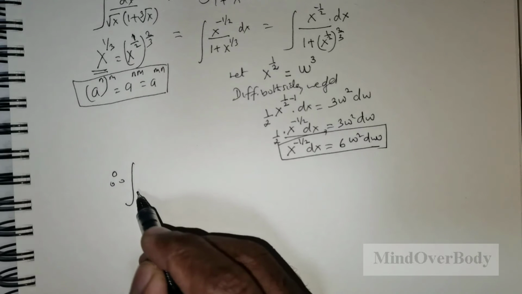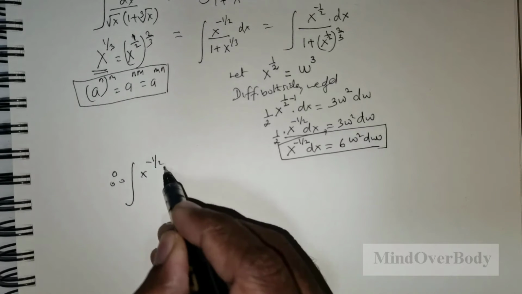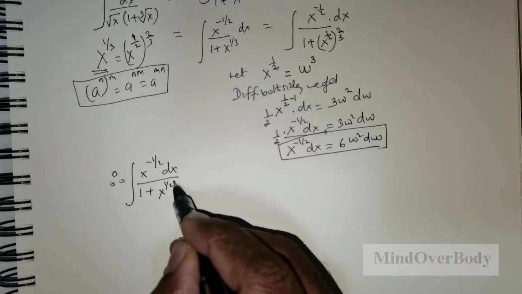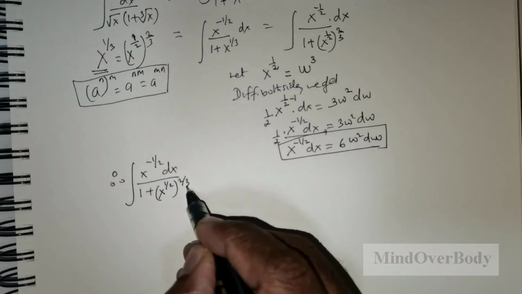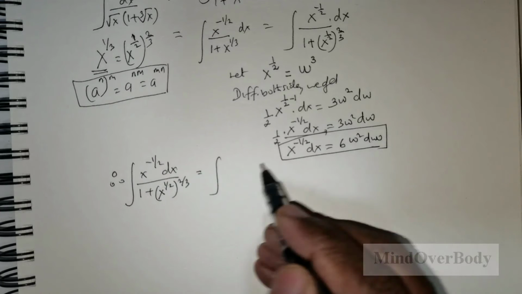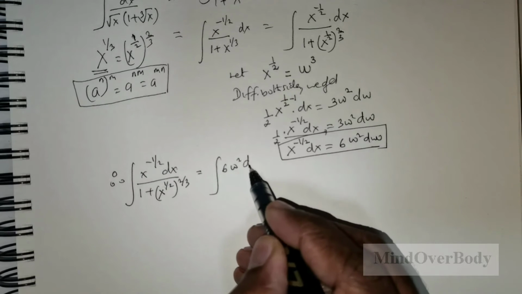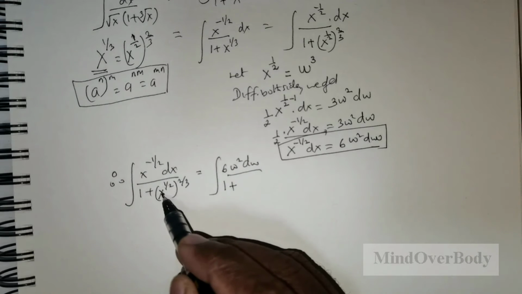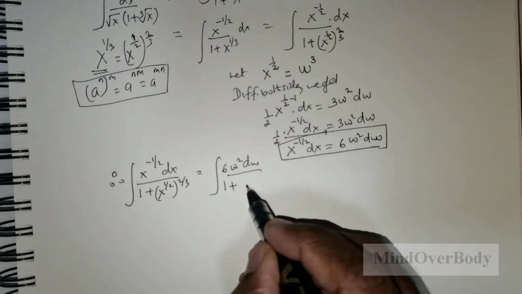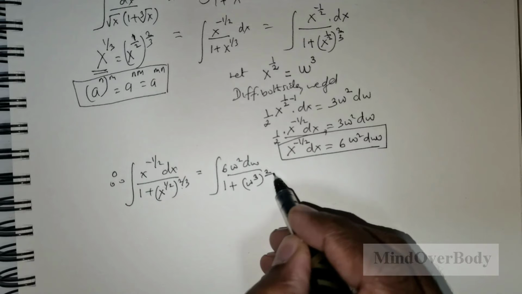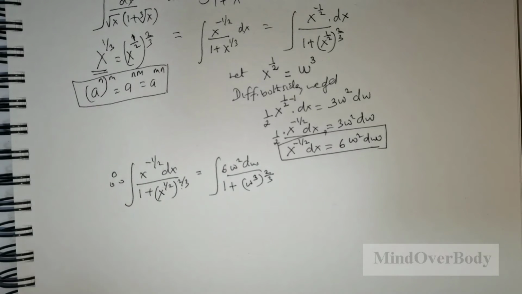So therefore the integral of x raised to the power negative half times dx divided by (1 + (x raised to the power half) raised to the power 2/3) can now be rewritten as an integral. In the place of the numerator, it's going to be 6 w squared dw, followed by 1 + ... In the place of x raised to the power half, I'm going to substitute w cubed, and that has to be raised to the power 2/3. Now clearly the 3 that you see here can be cancelled, right?